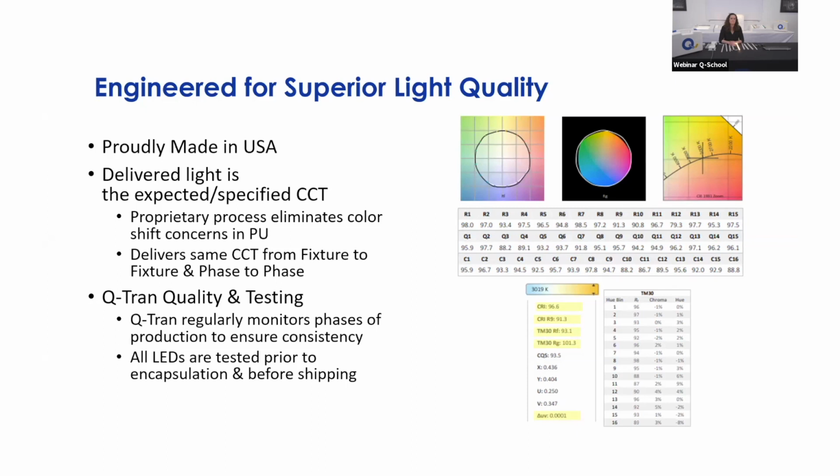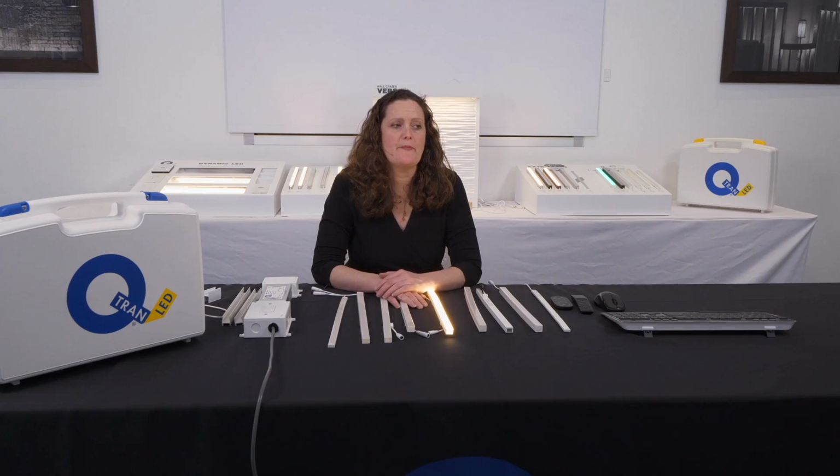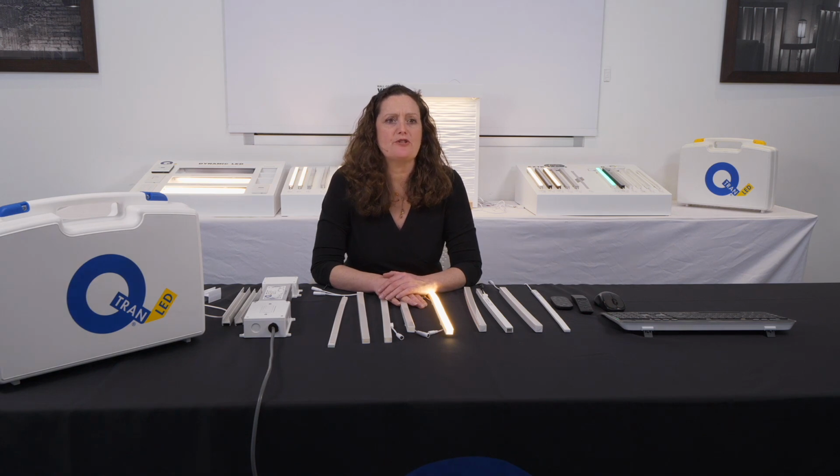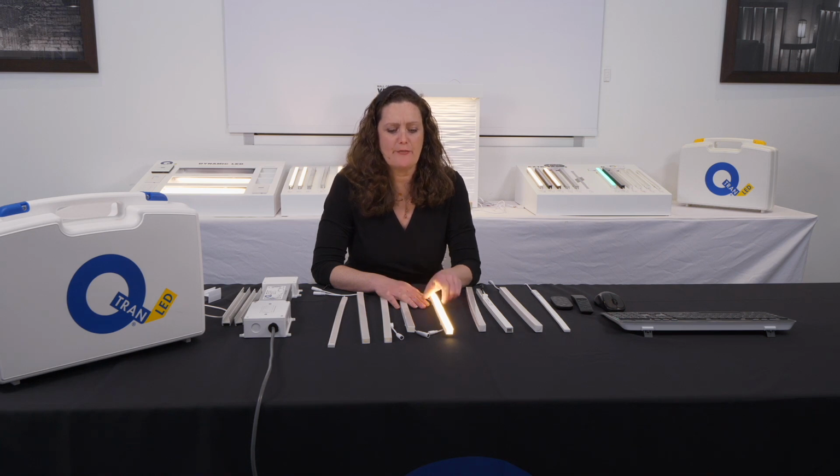And we can always ensure that we're delivering the same color temperatures from fixture to fixture, phase to phase, and even job to job. So all those metrics you just saw on the screen are delivered metrics. Encapsulating LEDs is a tricky business because of the polyurethane color shift.